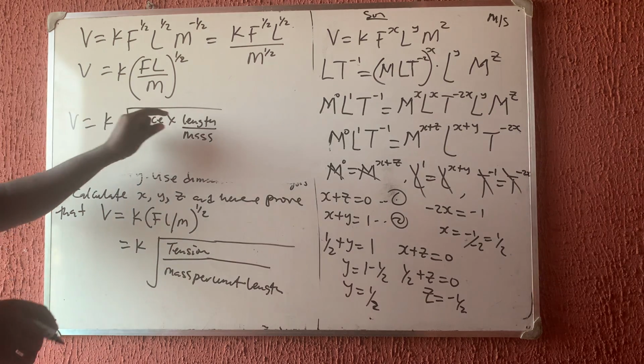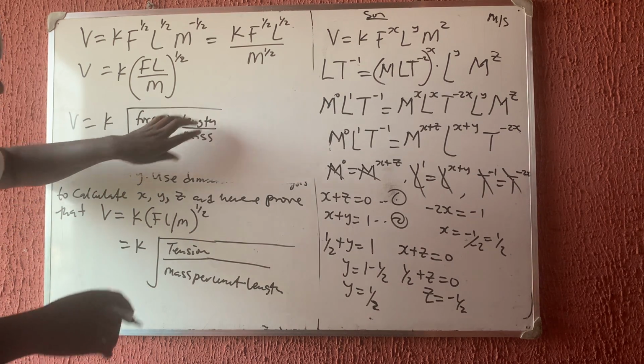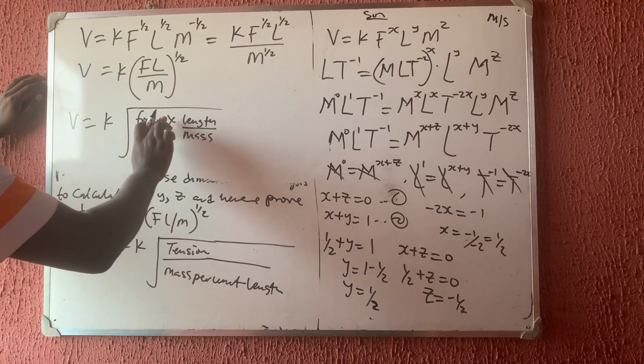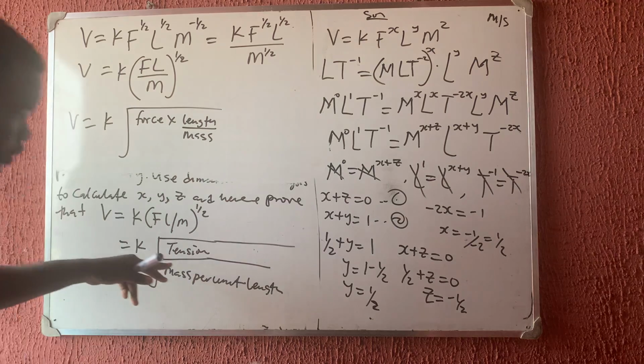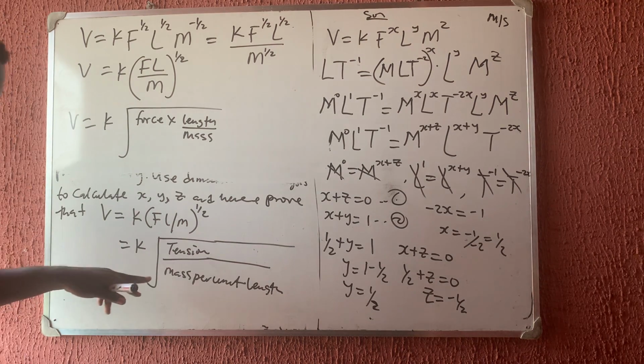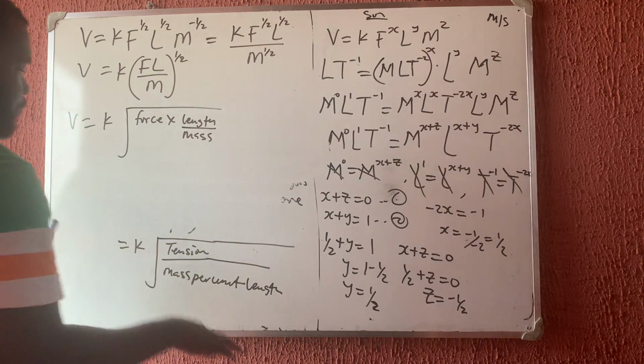Now but they want the length and mass to be at the denominator. So if you change times to divide, these will turn upside down. This is what they want us to get, that is tension over mass per unit length. So if we do that, over means divide.